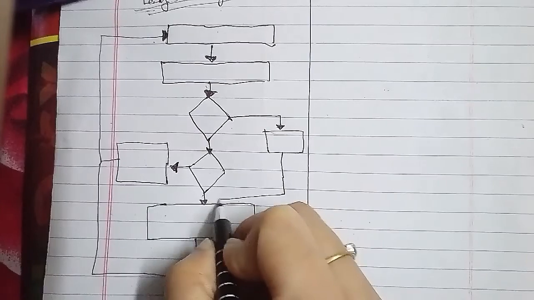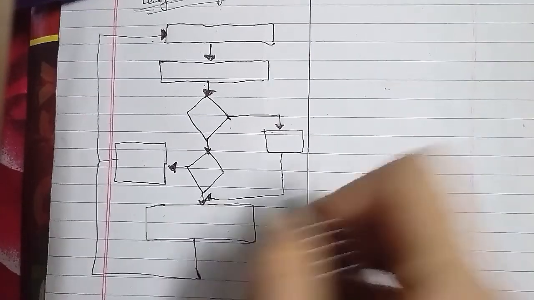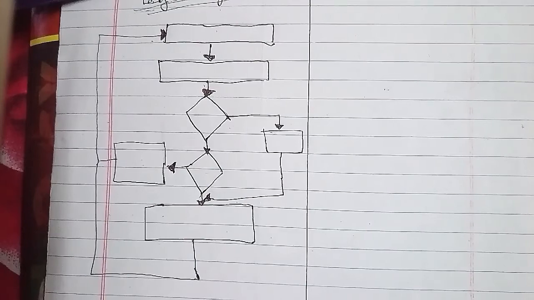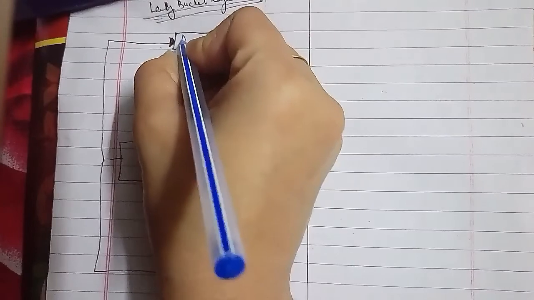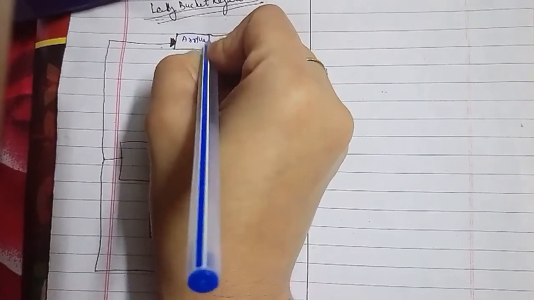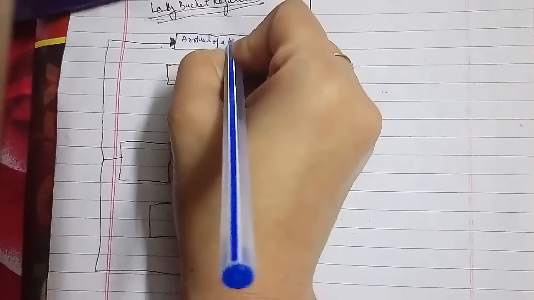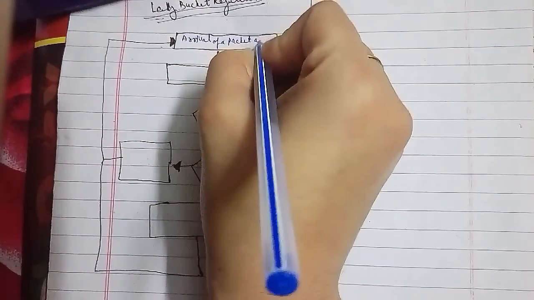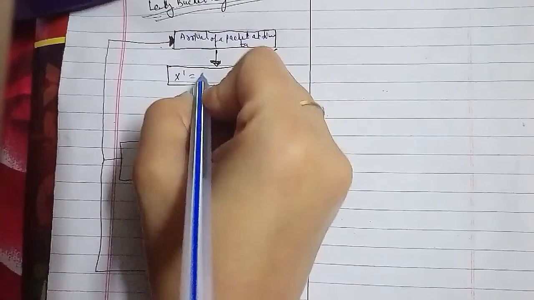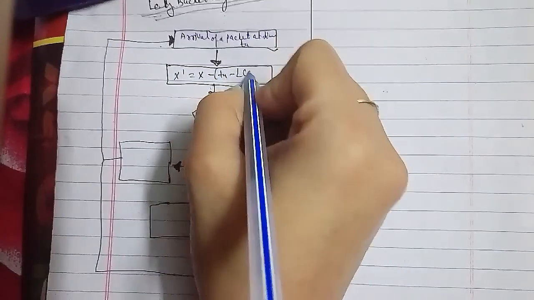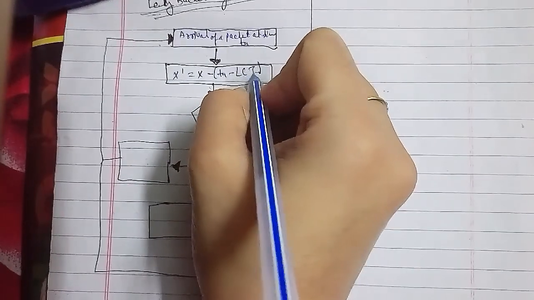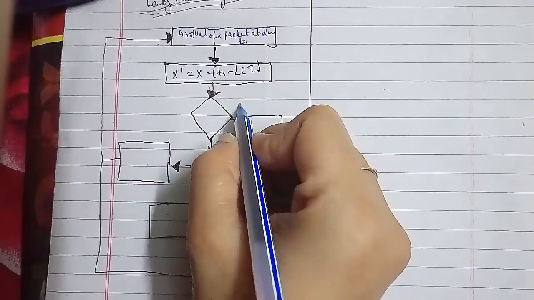Okay, so I will be naming each and every box here, that we have even discussed. That is arrival of a packet at time t of a, and where x dash equals x minus (t of a minus LCT), and here it goes towards it, and this is your y, where x dash is less than 0.